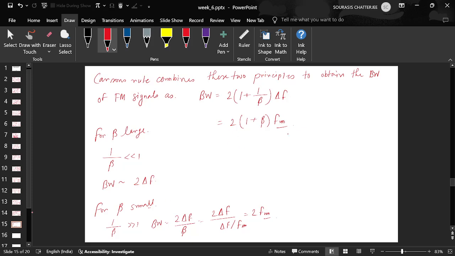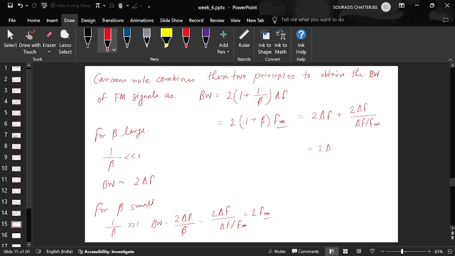So you can see Carson's rule combines both of them, and both extreme cases fit here, and the bandwidth is given by this expression. You can also write it as 2 delta f plus 2 delta f divided by delta f by fm.